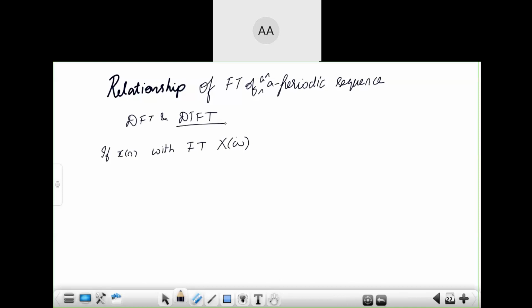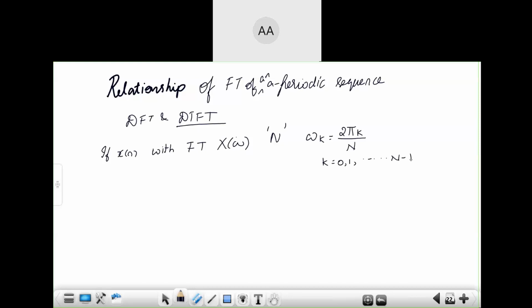That means the DTFT, Fourier transform means X of omega is sampled at capital N equally spaced frequencies as omega k is equal to 2 pi k by n, where k equal to 0, 1, all these until n minus 1.